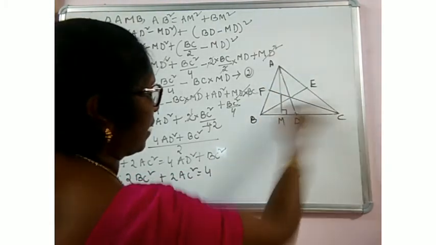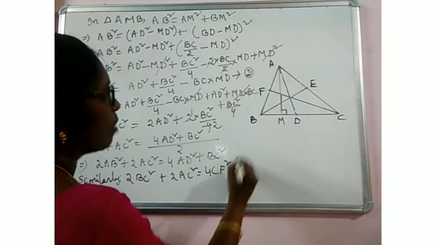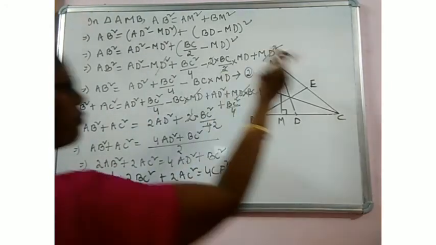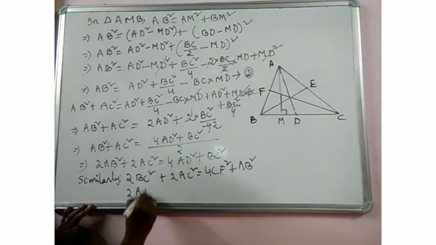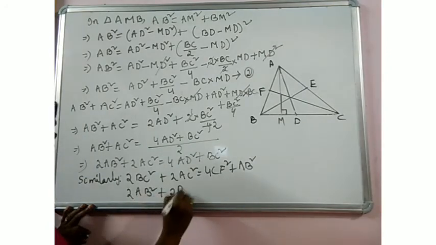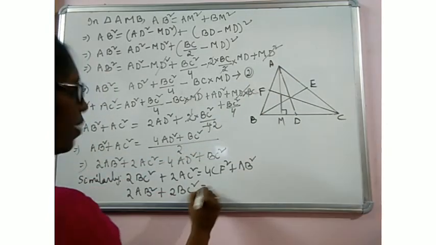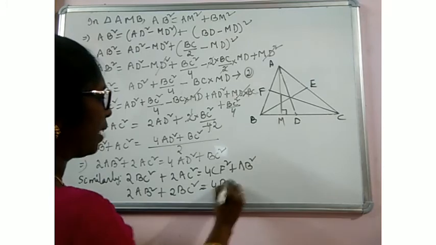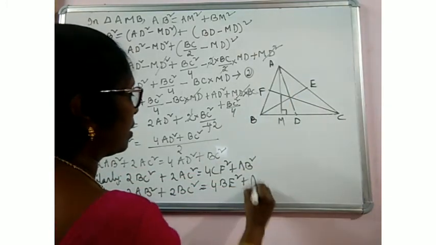For these two, 4CF square you will get plus AB square. Same way, for these two sides, 2AB square plus 2BC square, you will get 4BE square plus AC square, where BE is bisecting AC.